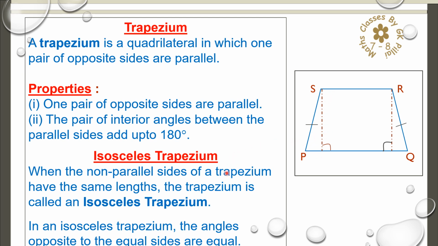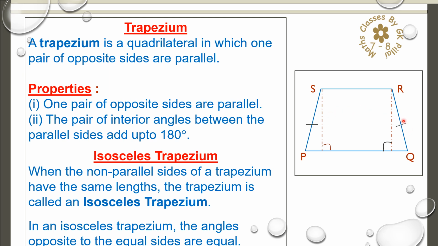Now, isosceles trapezium. When the non-parallel sides of a trapezium, these two sides, are equal, have the same length, the trapezium is called isosceles trapezium. These two are the parallel sides and these two are the non-parallel sides.